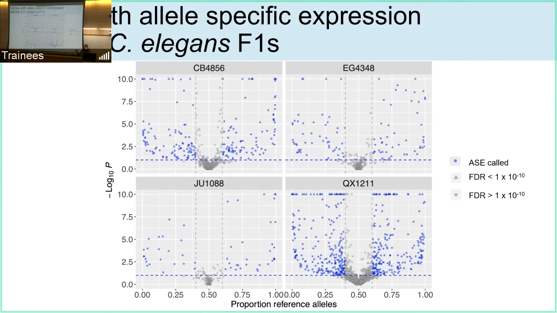So what we want to do is compare across these blue dots, these genes with cis regulatory divergence, our allele-specific expression genes. Are we seeing more or fewer of these across divergence from N2? We can't really do it by looking at these plots because there are a different number of points.